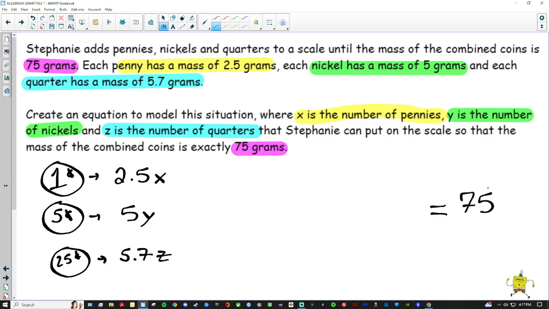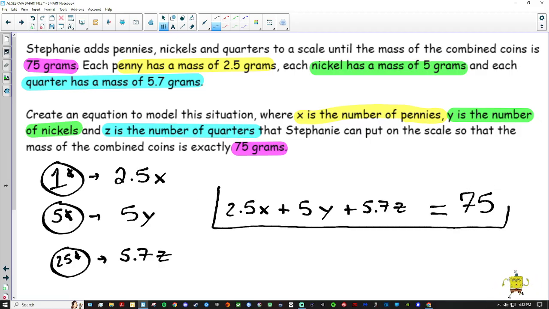So to get a total of 75 grams, we're going to take our pennies, 2.5X plus all of our nickels, 5Y plus all of our quarters, 5.7Z, equals a total of 75 grams. This is our equation, and we are done with the first one.